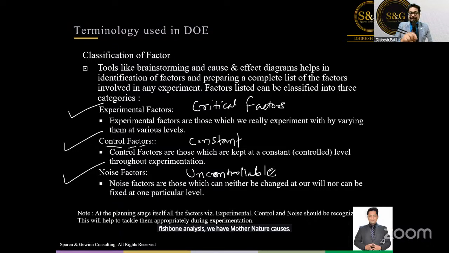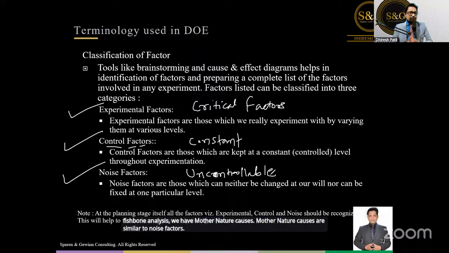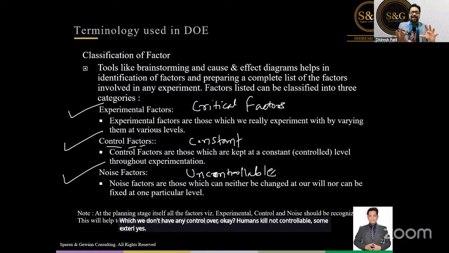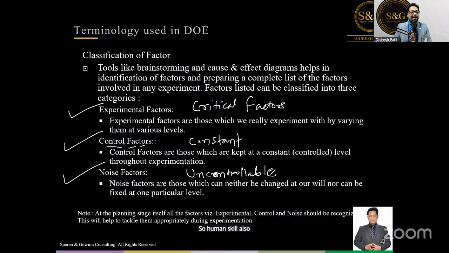Mother Nature causes are similar to noise factors, which we don't have any control over. Human skill is not controllable to some extent. Yes, so human skill, up to a certain extent, can also be a noise factor. Now, apart from that, there is something called lurking factor. Make a note of it.